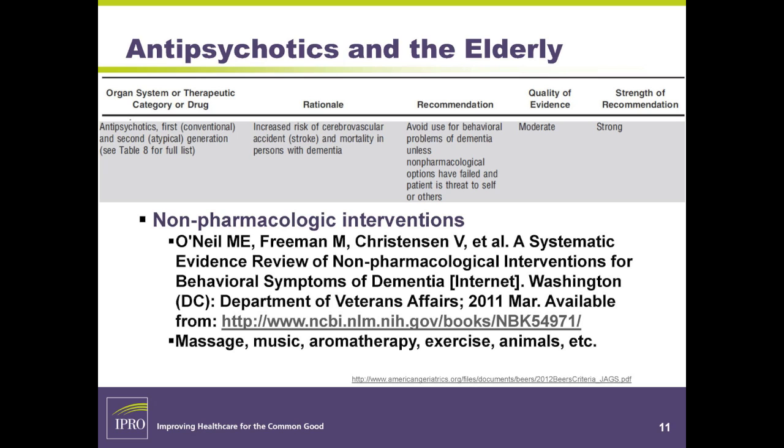And there's really no clear-cut yes or no, you should use this or you shouldn't use that. Basically, it's individualized care for the patient. But what they did find was evidence leaning toward massage, music therapy, aromatherapy, exercise, use of animals, etc. Aromatherapy can go either way, it depends on the resident.